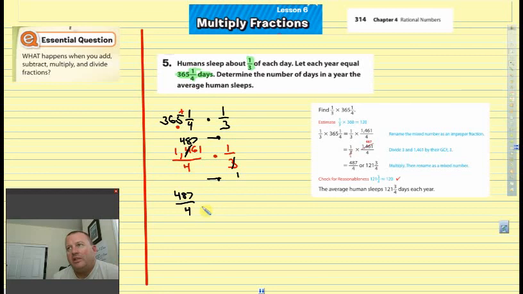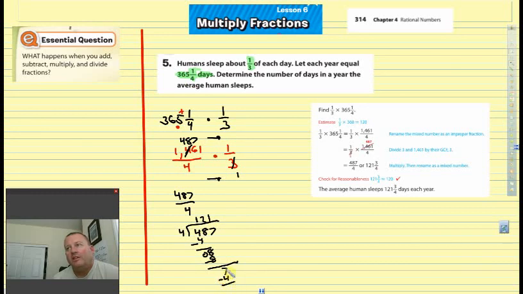Which basically turns out to be, when you do the division, 487 divided by 4. 4 goes into 4 one time. 1 times 4 is 4. We subtract, we get 0. Bring down the 8. 4 goes into 8 2 times. 2 times 4 is 8. Isn't that nice how it all comes out? Bring down the 7. Of course, it's not going to come out on this one. That was a 1, by the way. It's not 2. You get 4.